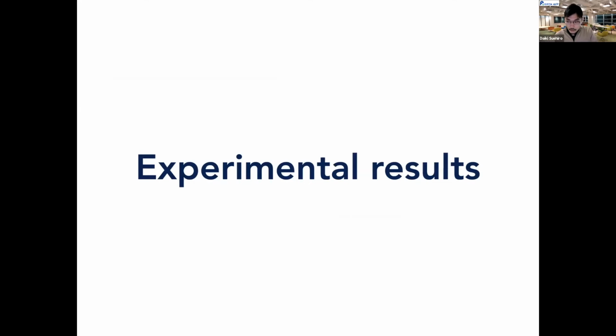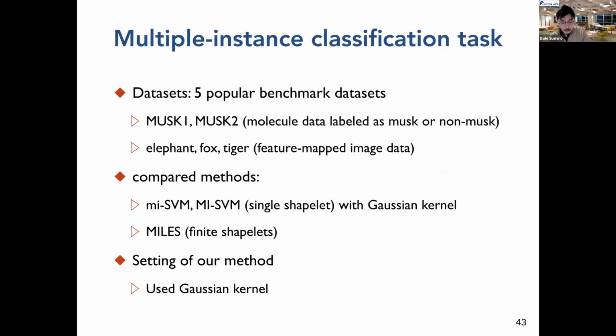Okay, finally, we show the experimental results. First, we demonstrate our method using some benchmark data for the standard multi-instance learning task. And we used 5 popular benchmark data sets, MUSK1, MUSK2, which is the molecule data labeled as musk or non-musk, and some feature mapped image data.